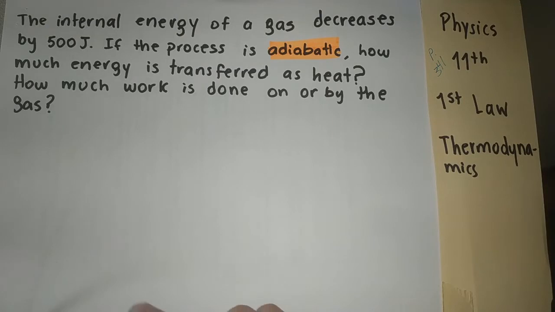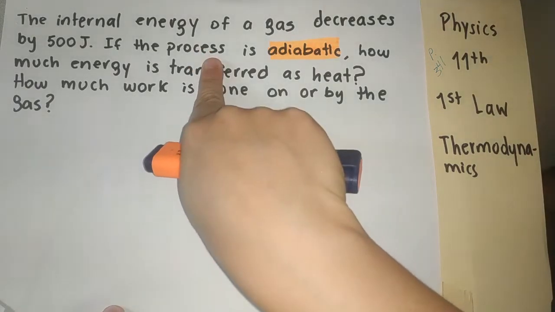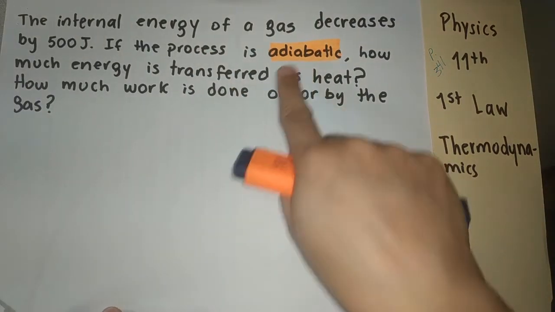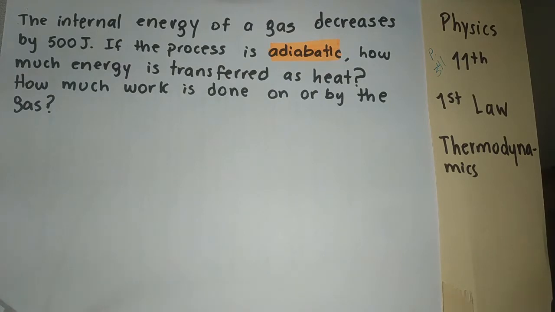That's the idea. Now, as I already told you, the thermodynamic processes, the special processes, tell you something very important. This exercise is telling you that this process is adiabatic. So what are you going to do? Remember that I told you before that these processes, you have to learn them.